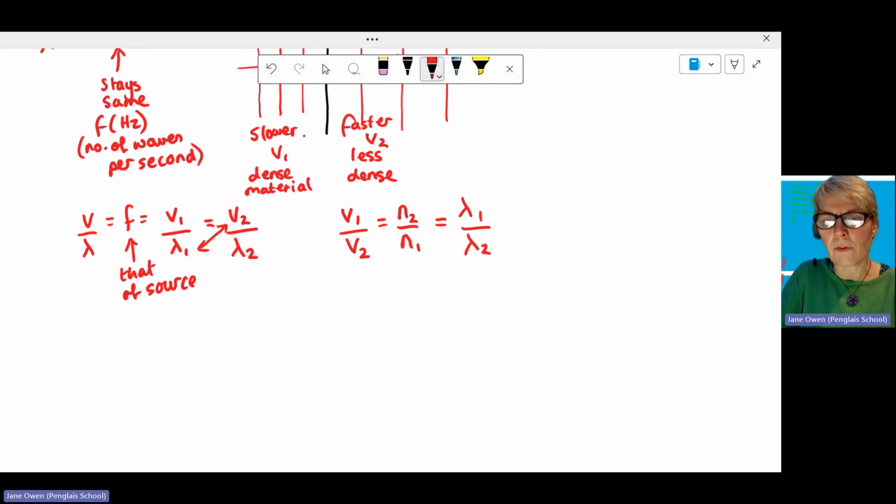I got that by just swapping those places around. So the ratio of the velocities is equal to the ratio of the wavelengths in the two different mediums.